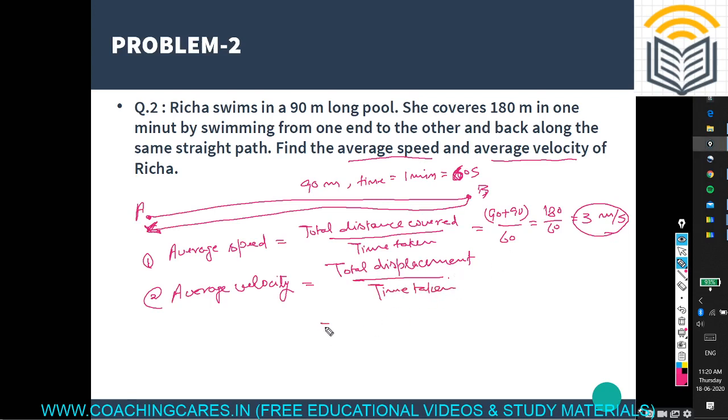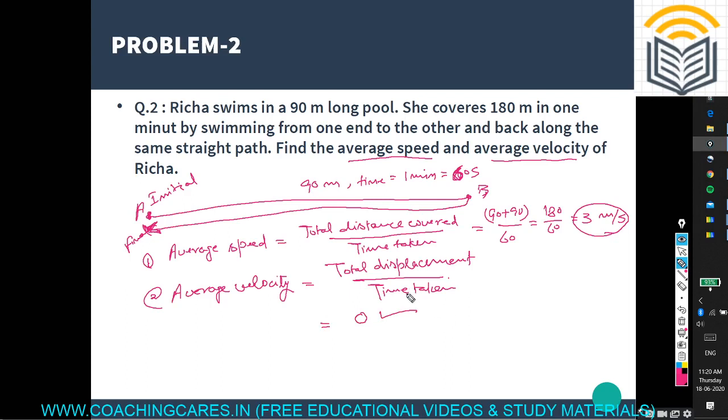The initial position is this one, and the final position is again the same. So the displacement is final minus initial position, which is 0. So average velocity will be 0. This is the second answer.